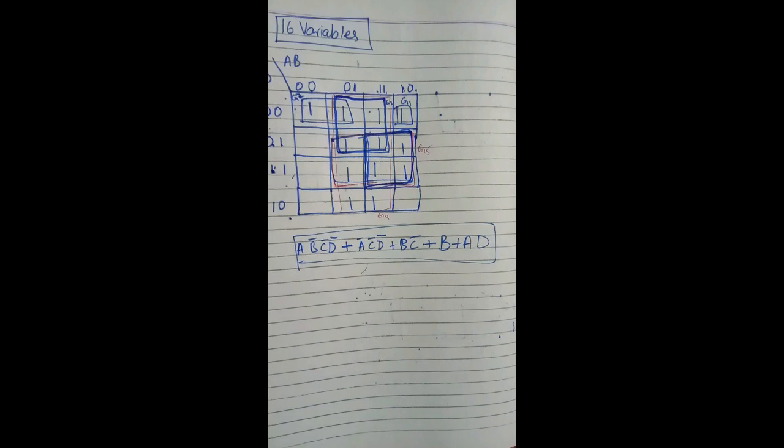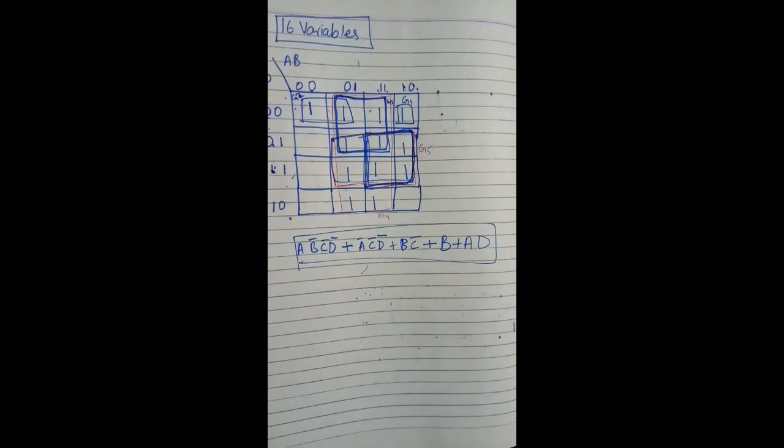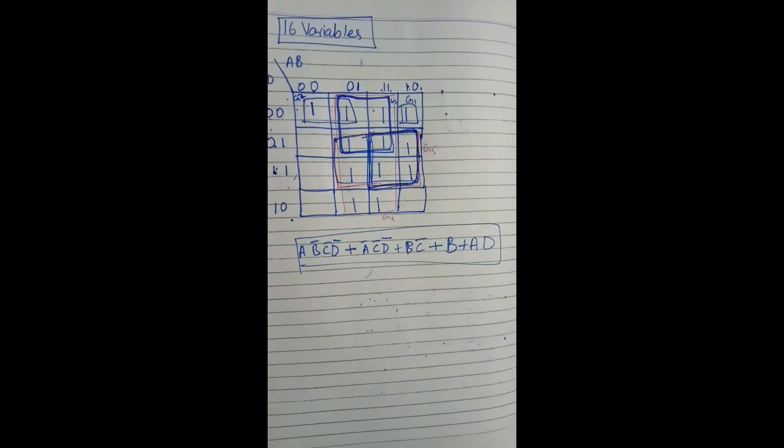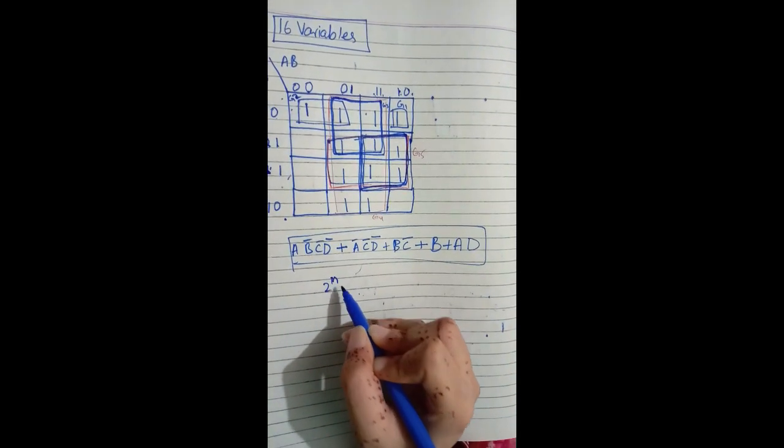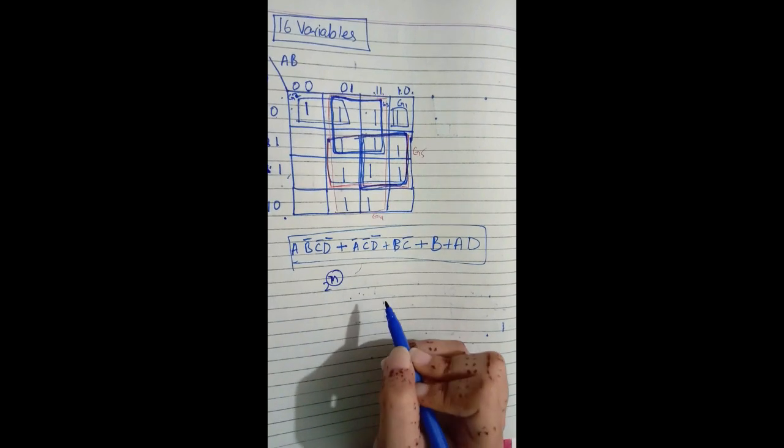So these are our K-maps for the 2 variables, for the 4 variables, for the 8 variables and for the 16 variables. And we will solve it by giving the power to 2. The important thing is 2 raised to power n. N is our inputs.